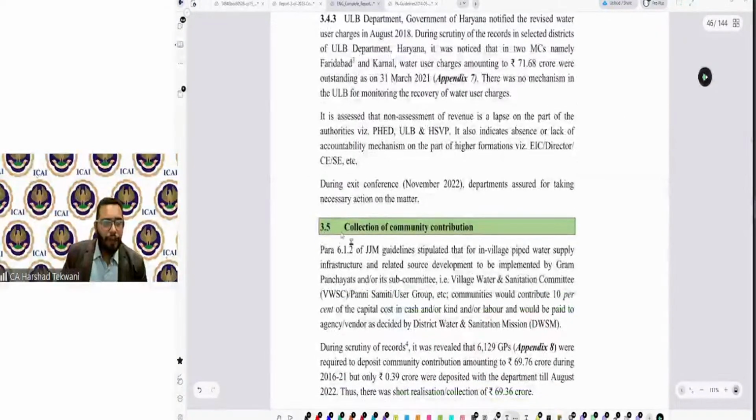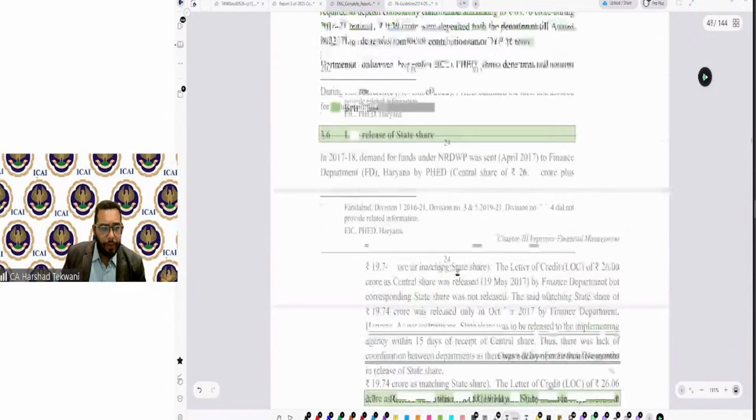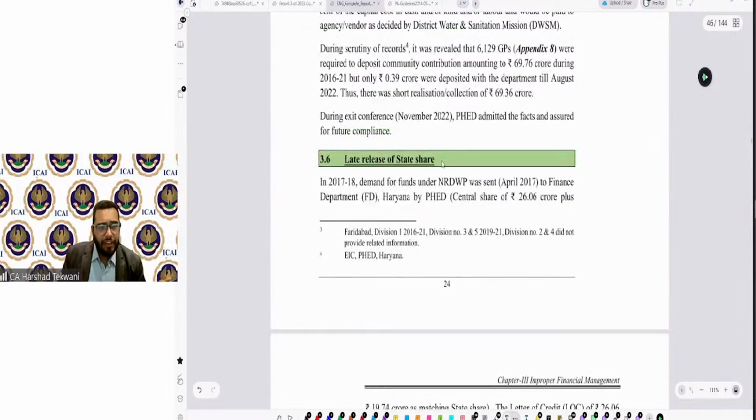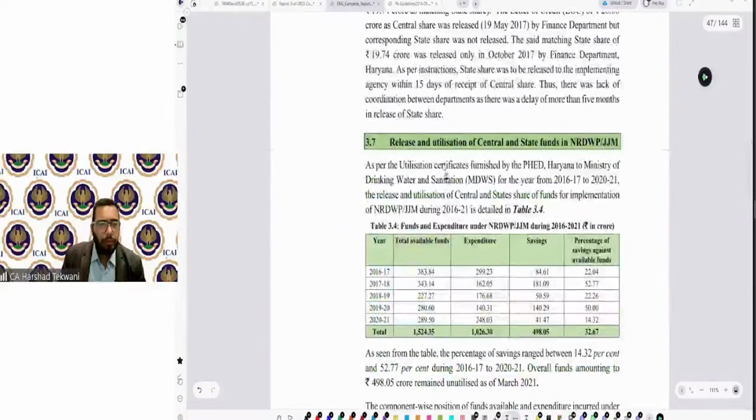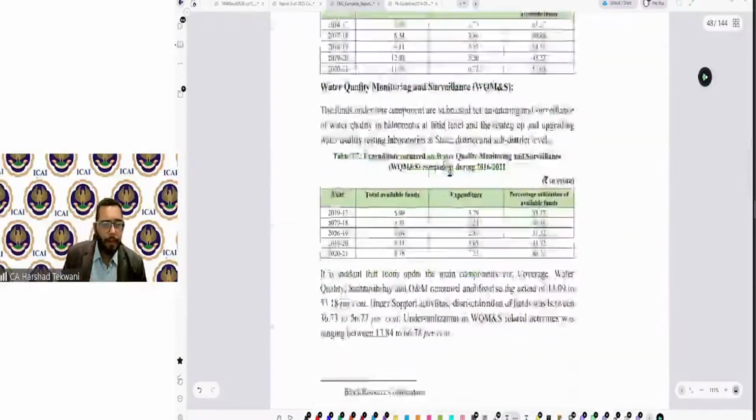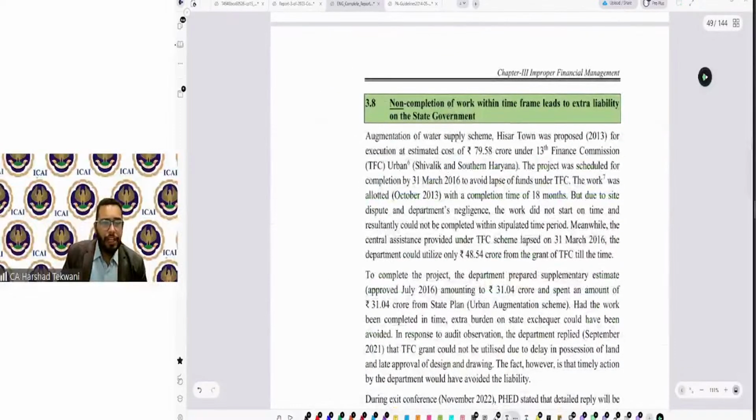Plus, collection of community contribution. Late release of state share. Non-completion of work within the time frames leading to extra liability on the state government. So these are certain matters which fall under the purview of the financial area.